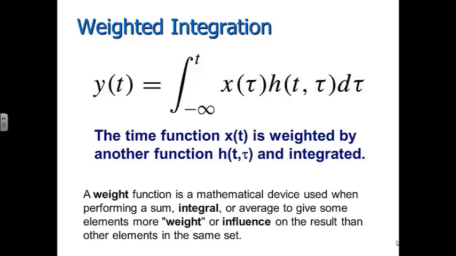It's like a way of giving more emphasis or more influence to part of the waveform and de-emphasizing other parts of the waveform. So h of t has some shape, tends to be one that tapers off at the edges so that further away points have less influence, and that gives us a way to give more weight, more emphasis, more influence to part of the waveform than others.